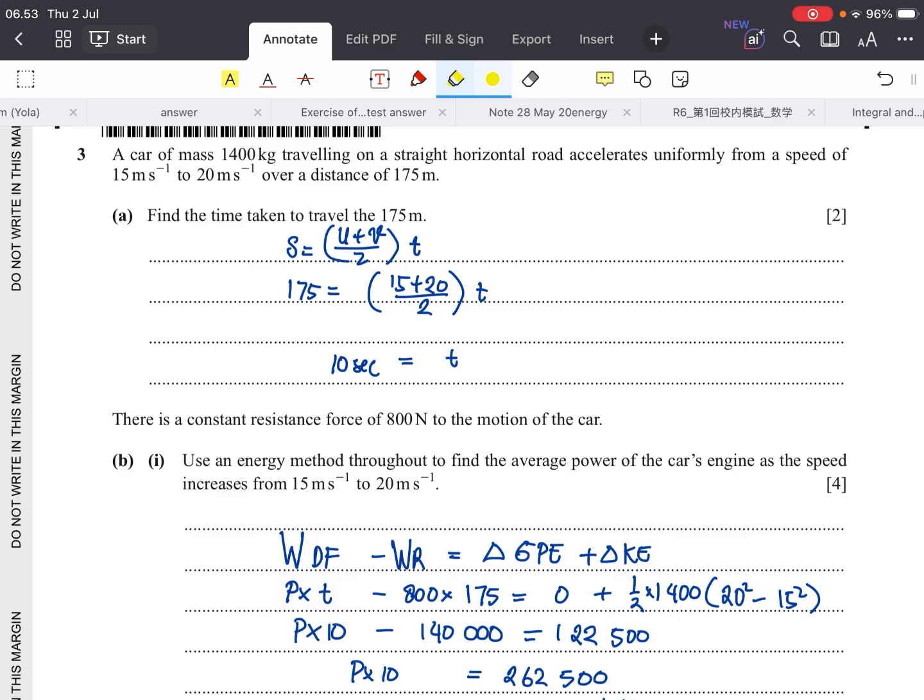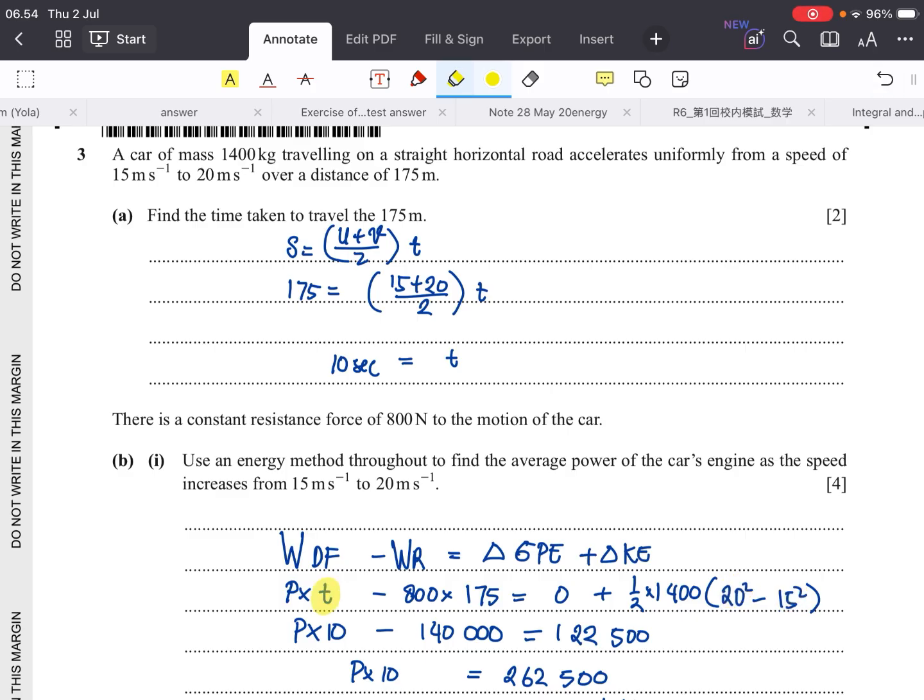And then since the road is horizontal, there is no change in the potential energy. And for the change in kinetic energy, we are using formula half times the mass of the car times v squared, the final velocity squared, minus u squared.